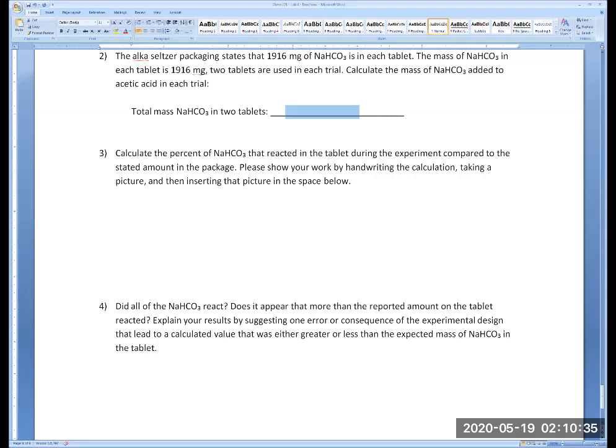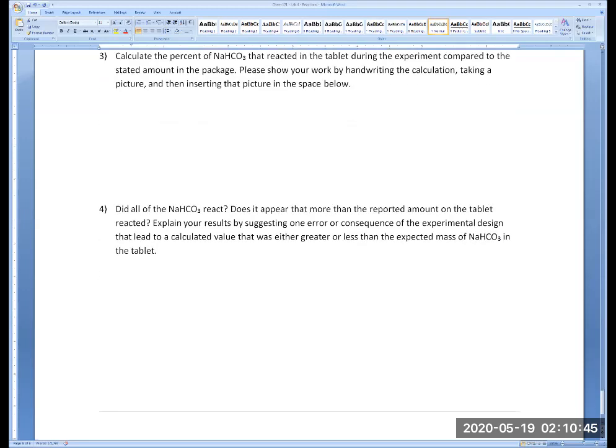And so the percentage, of course, is not going to be 100, it's going to be more or less. And so you want to discuss here what it means if it's more than 100% or if it's less. If it's less, it means less than what was in the tablets reacted. But if it's more than what was in the tablet reacted, that's also possible.